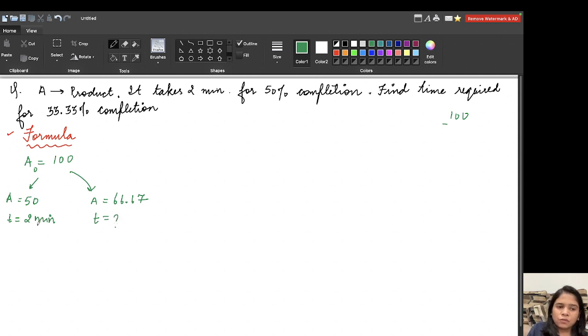Exactly the same things you have to do. You know the formula: A is equal to A naught minus KT. Let us directly solve it from the formula. Time equals A naught minus A divided by K. Do both the cases, first and second.